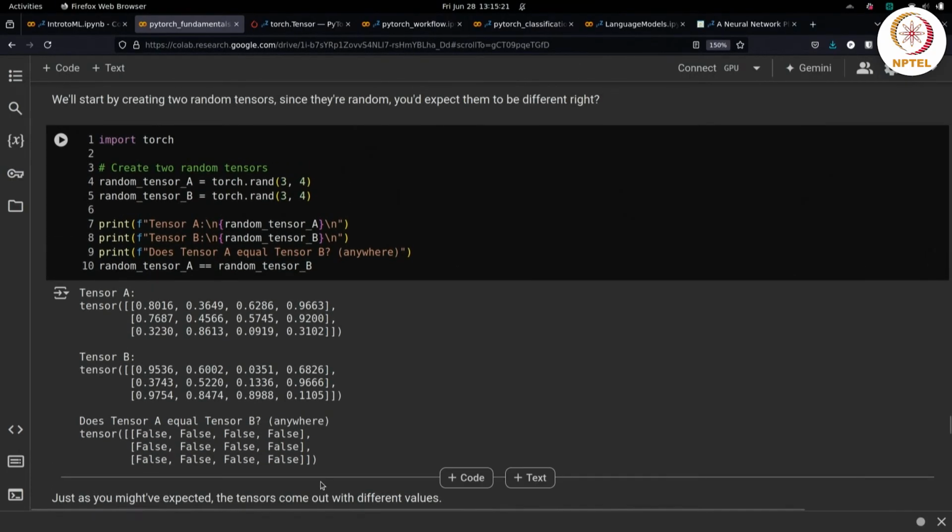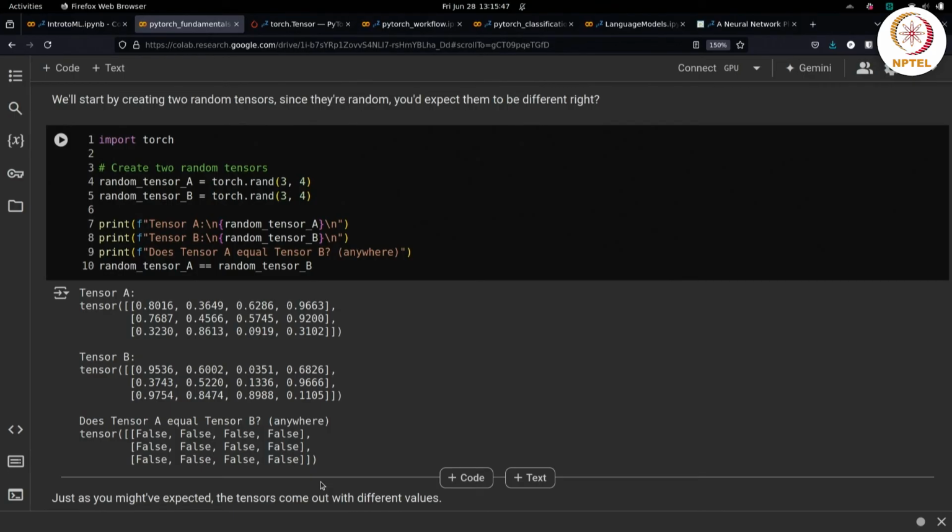Again, I recall a concept that we discussed a few minutes back, where we said that when we start a neural network, we instantiate the neural network weights randomly. That means if I'm creating those, their values are randomly chosen, and if I do the same process n number of times, each time I'll get a different set of values.